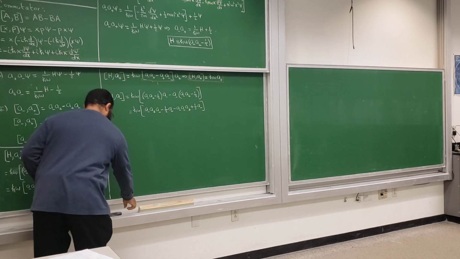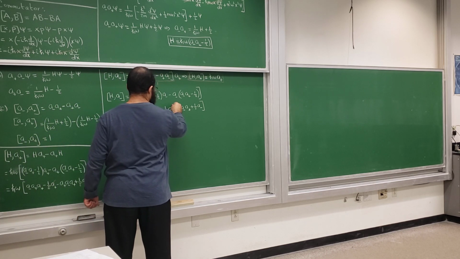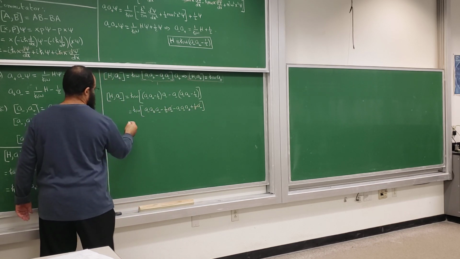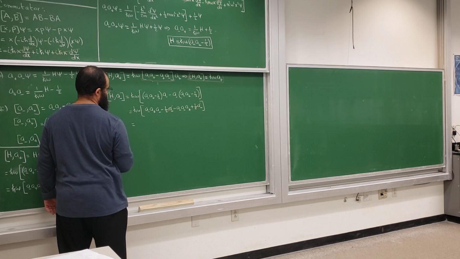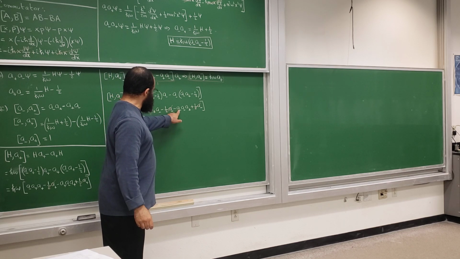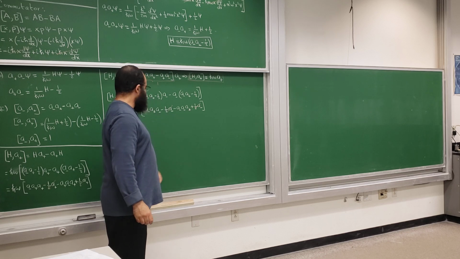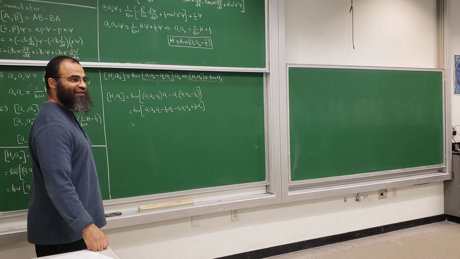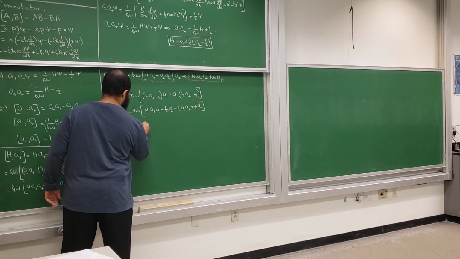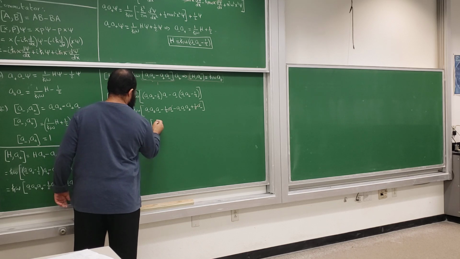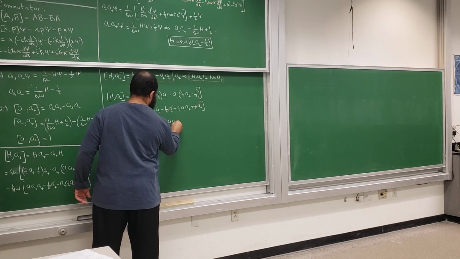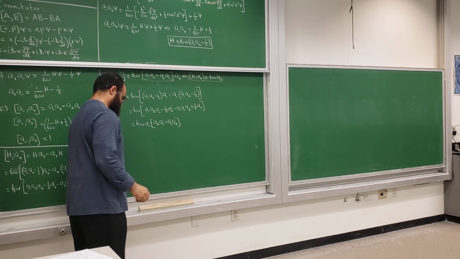So similar good thing happens like earlier. So let's see what we get. So notice here I have a minus, a plus, a minus, and then minus, a minus, a minus, a plus. What should I pull out and to what side? To the left, the a minus, right? Yeah. So you get H bar omega a minus. Let's see what's left. A plus, a minus, minus a minus, a plus. Who knows how much this is?